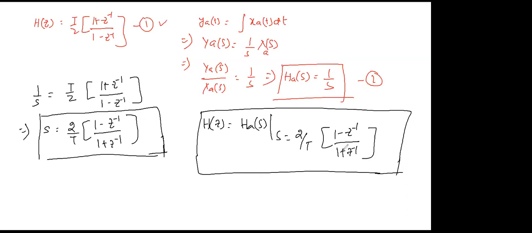Transformation people understand, yes or not? But what is the meaning of bilinear? The main meaning of bilinear is, see, if you look at the numerator, it is 1 minus z inverse. This is a linear polynomial.